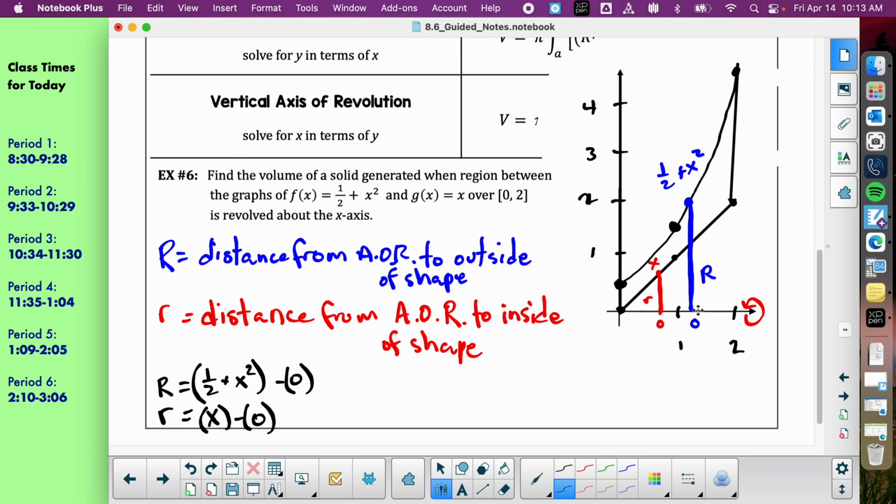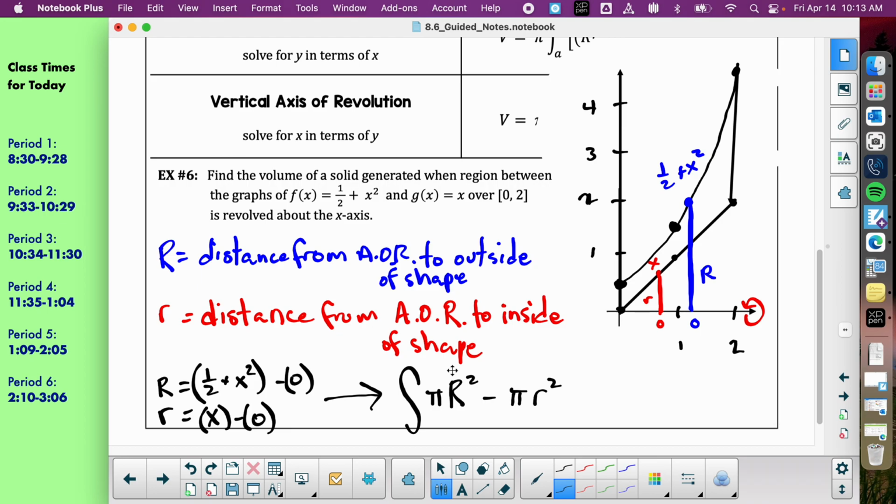Okay. So the volume of the hollowed out part, you use the middle argument. For this problem, the volume is going to come from the big shape minus the little shape. So you take the outside volume, subtract out the hollowed out volume. Some people like to write pi in the front of the integral symbol and then just do big R squared minus little r squared.